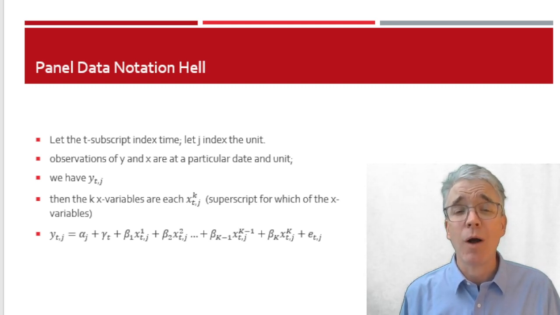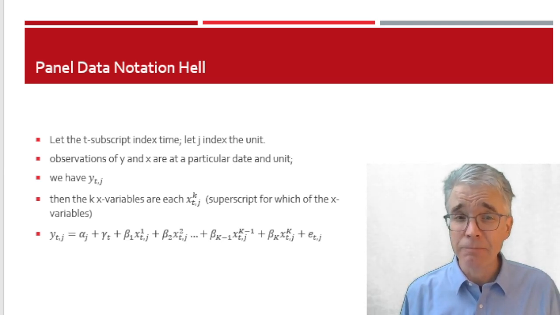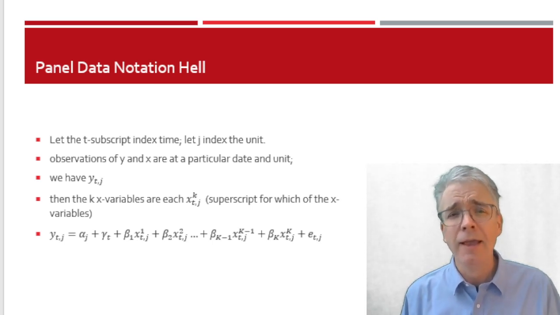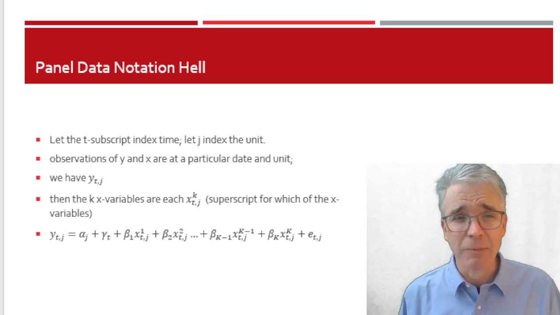So Y_{T,J} equals alpha_J, those are the unit fixed effects, plus gamma_T, those are the time fixed effects, plus beta_1 X1_{T,J}, different for each T, each J, plus beta_2 X2_{T,J}, and so on for all of the K different X variables.